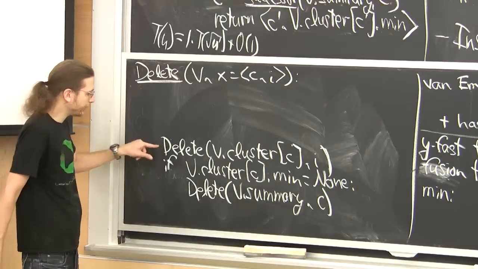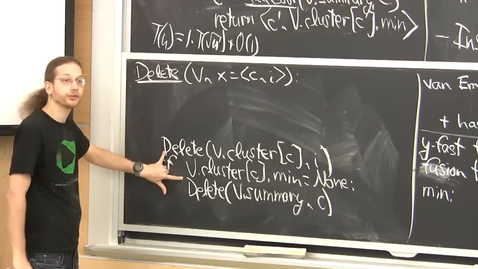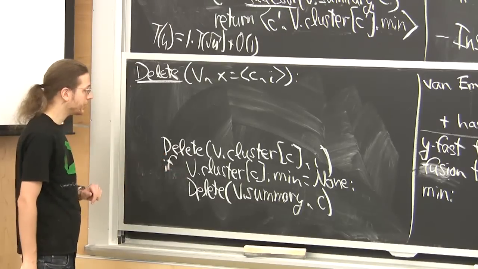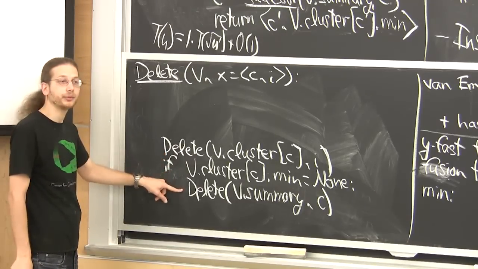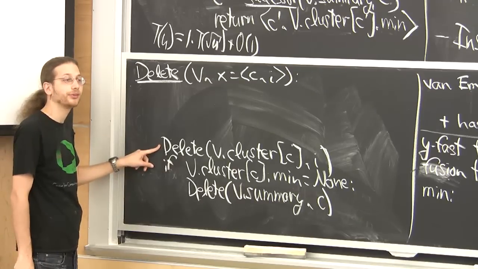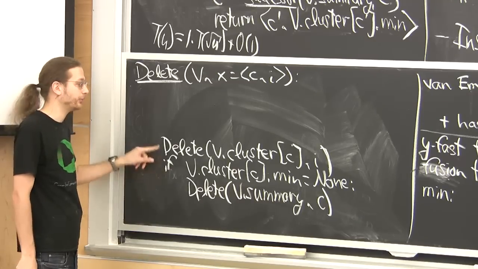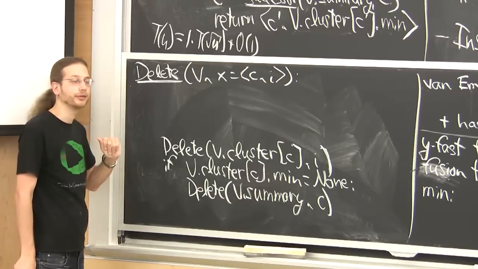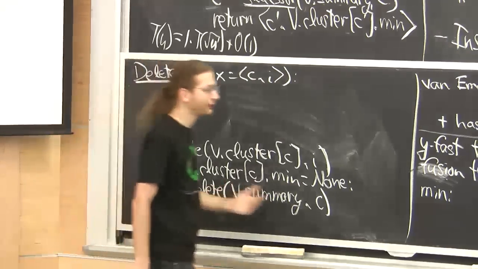And the worry would be, in this if case, we're doing two recursive deletes. The claim is, if we do this second delete, which is potentially expensive, this one was really cheap. The claim is that emptying a van Emde Boas structure takes constant time. Like if you're deleting the last element. Why? Because when you're deleting the last element, it's in the min right here.